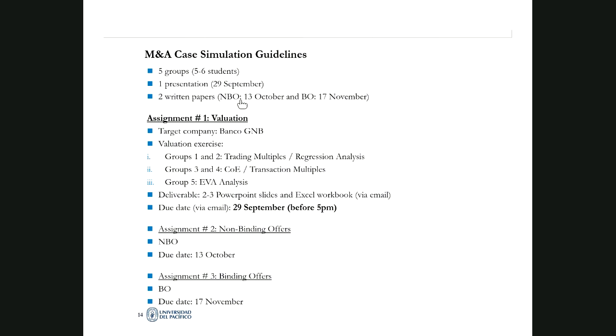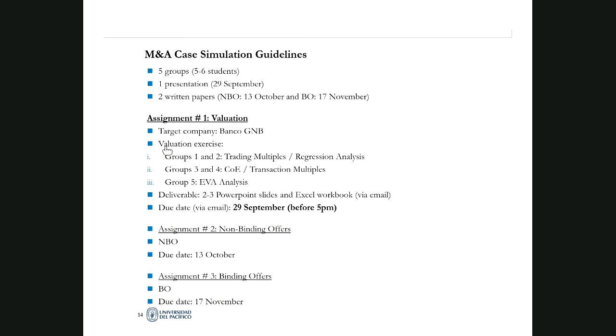The 2 written papers will be for 13 October and 17 November. These are going to be the midterm exam and the final exam, which are assignments in groups, okay? So for the first assignment, in 2 weeks' time, we're going to be doing the evaluation of Banco GNB, which is a Peruvian bank. We will have all the information on the regulator webpage and in the templates that I will give you, okay?